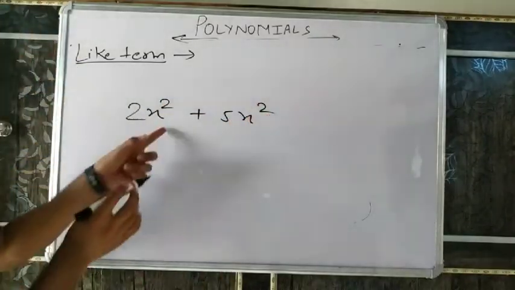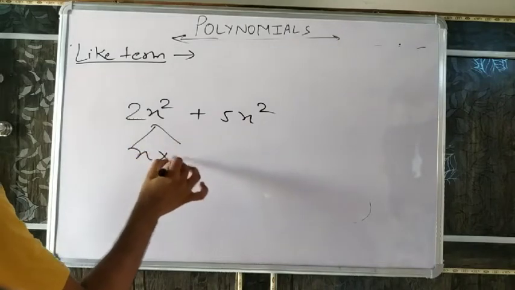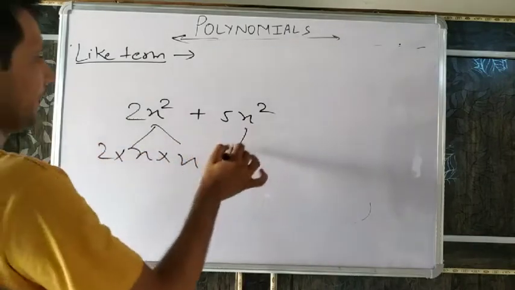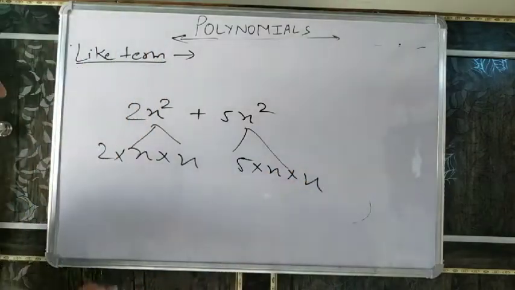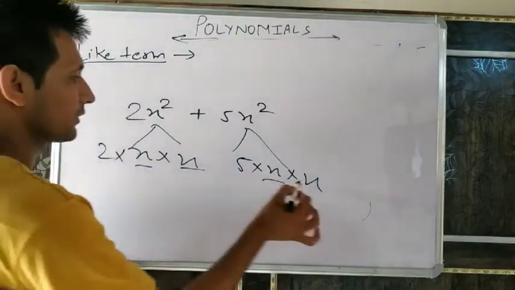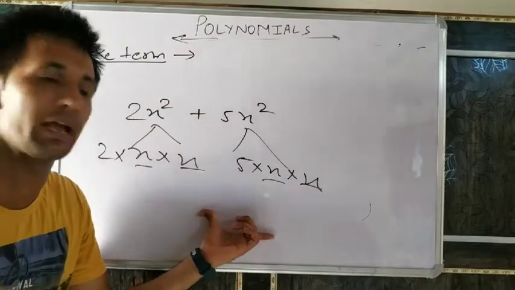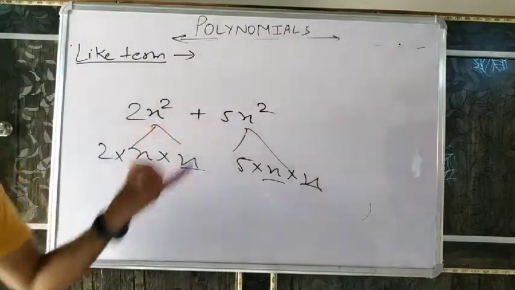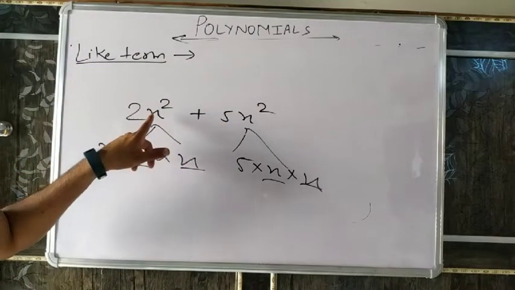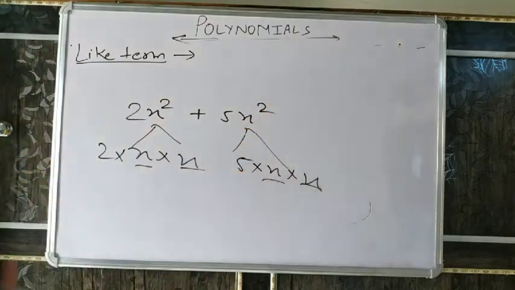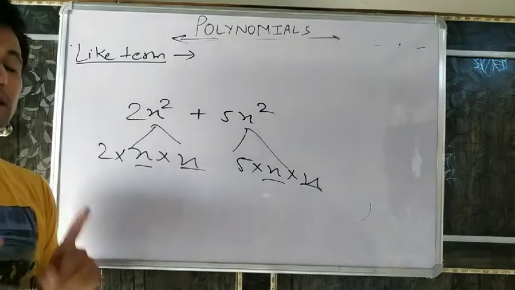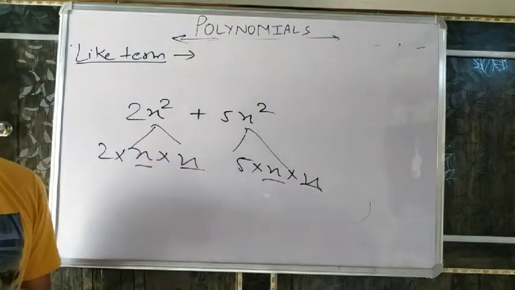Its factors are 2 into x into x and 5 into x into x. The algebraic factors are the same, so they are like terms. Like term means the base is the same, x with power 2. Understand?